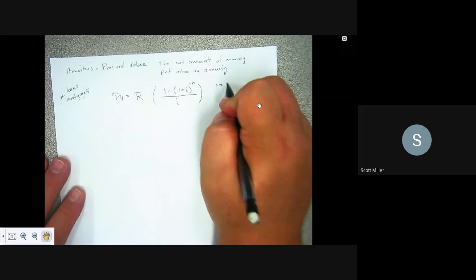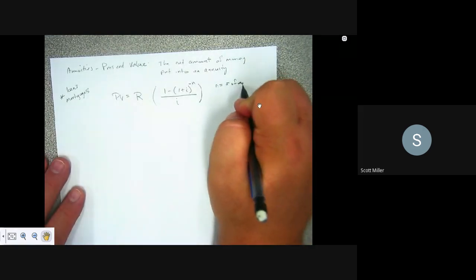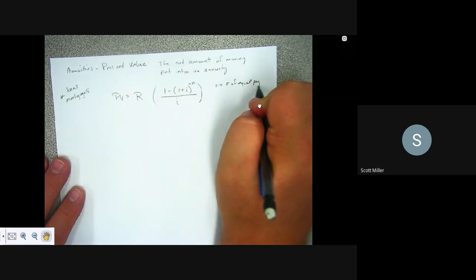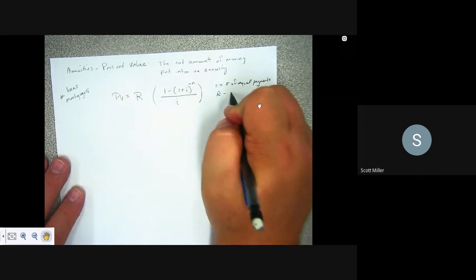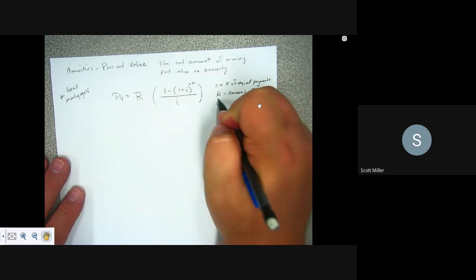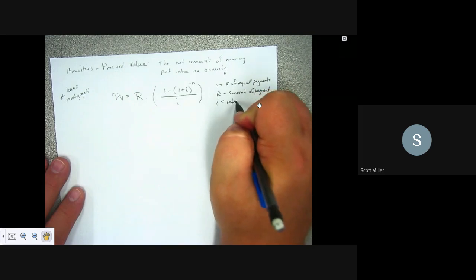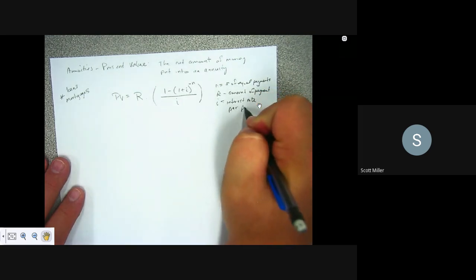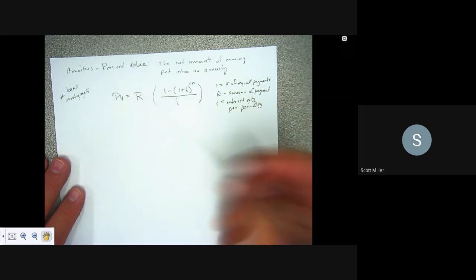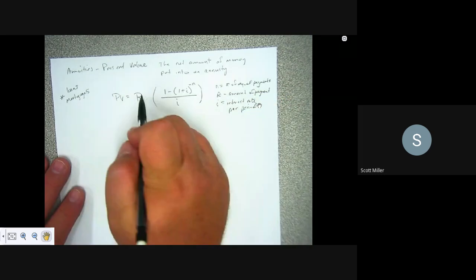And all these letters mean basically the same thing. So N is the number of equal payments. And R is the amount of the payment. And I is the interest rate per period. So this formula is used to calculate usually that.